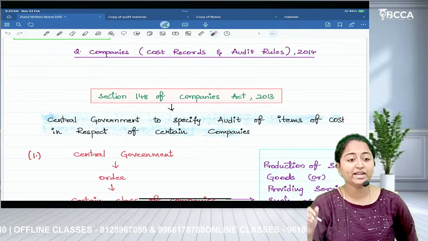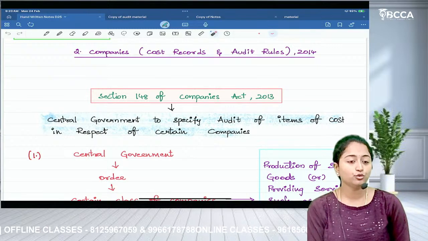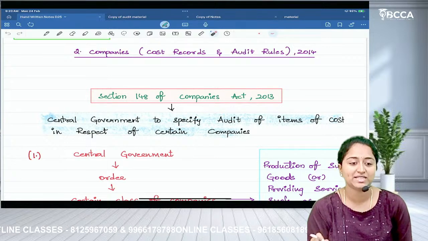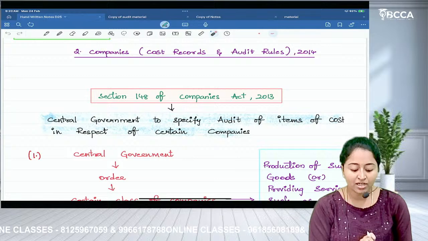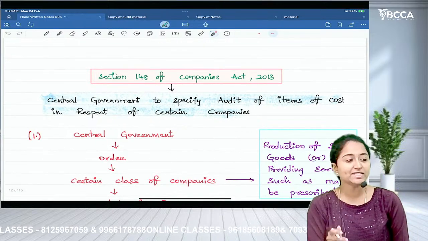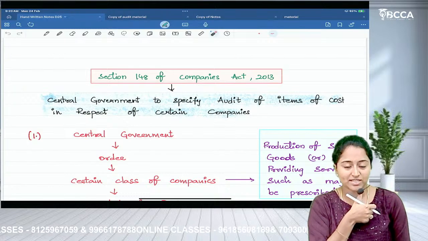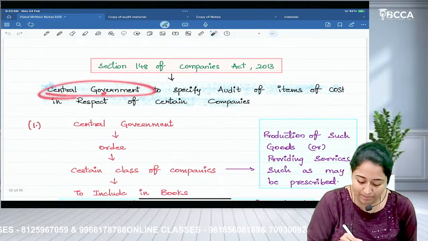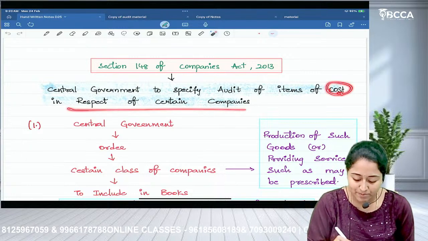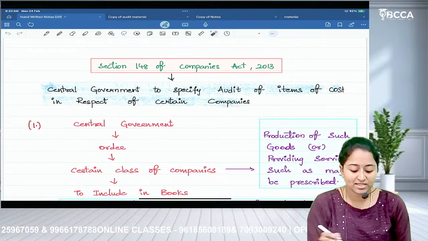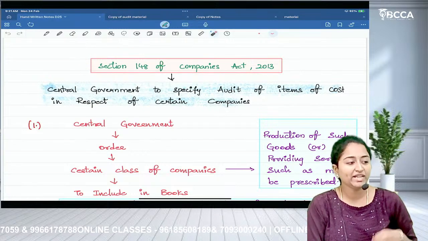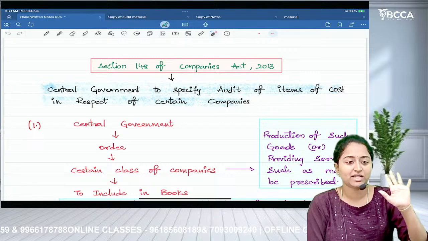Before directly getting into the rules, we have to know one section. What is that section? Section 148 of Companies Act 2013. Why do we have to know this section? You'll get to know. Because in this section they have told us that the central government can specify audit of items of cost in respect of certain companies. It tells that the central government has certain power.